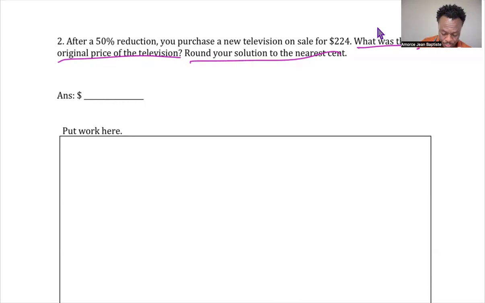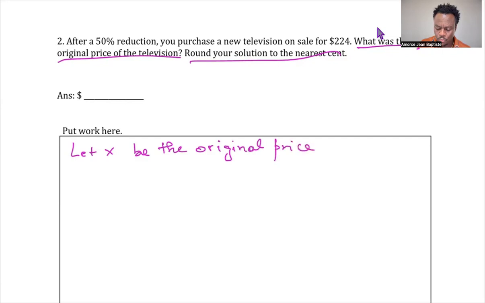We call X the original price of the TV. That means the price prior to reduction.